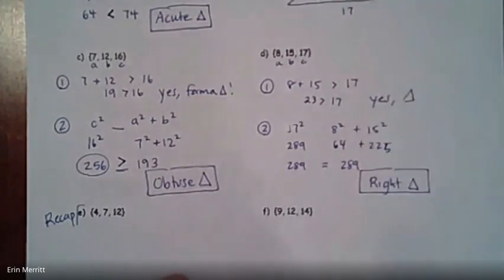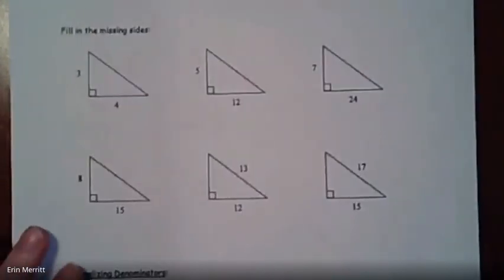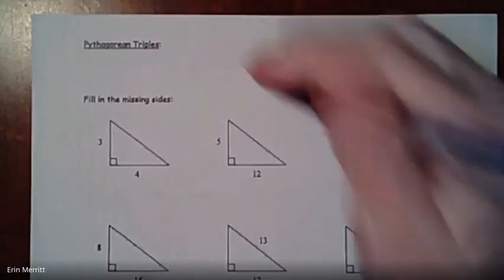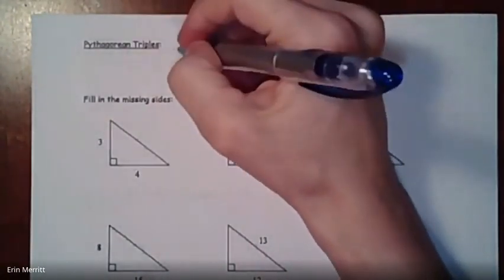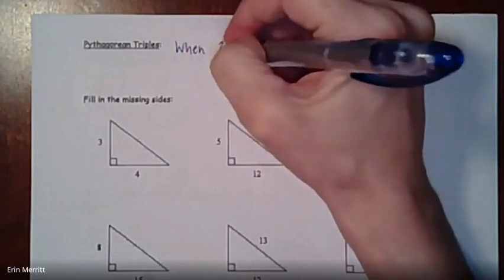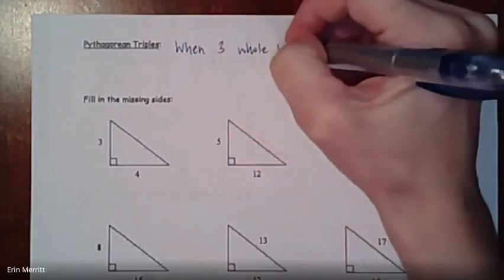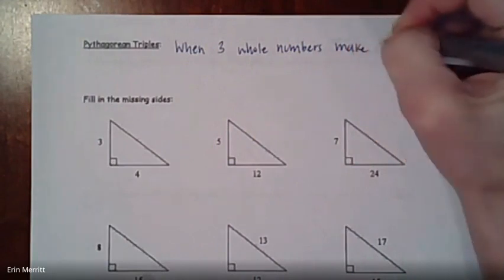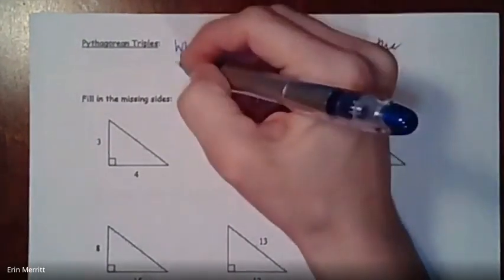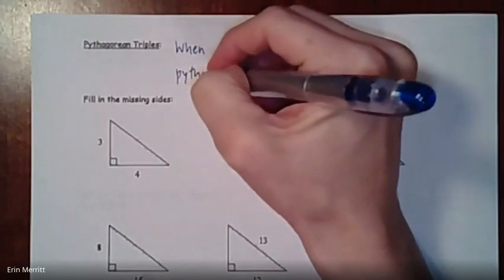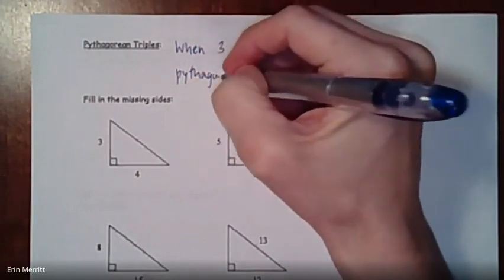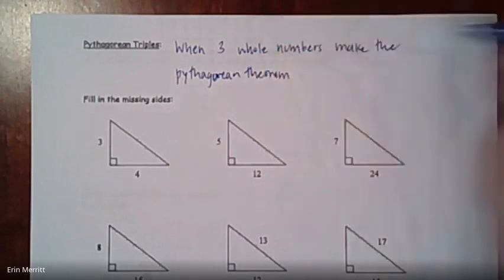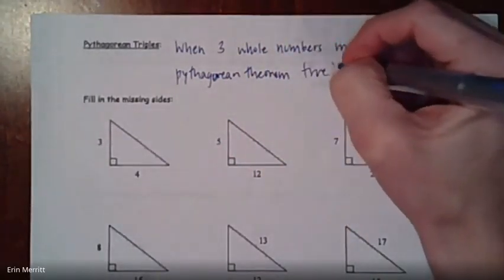So on to page 7. There's a lot in these notes. Pythagorean triples. This got mentioned in the day 1 notes. Pythagorean triples is when you have 3 whole numbers that make the Pythagorean theorem true.